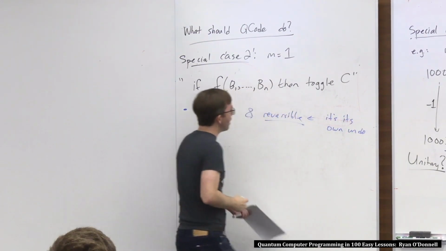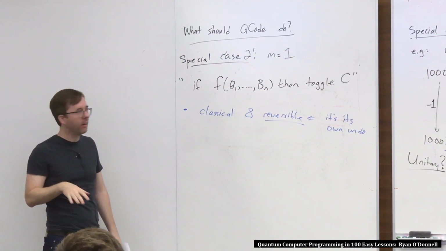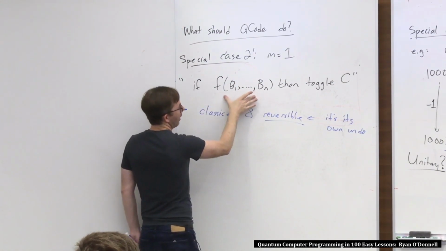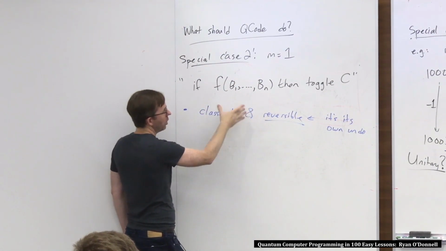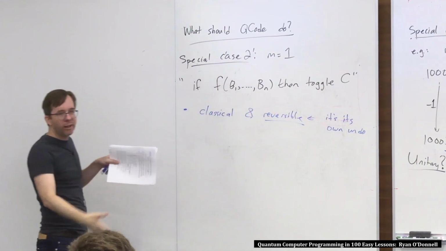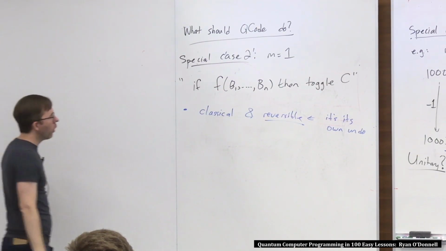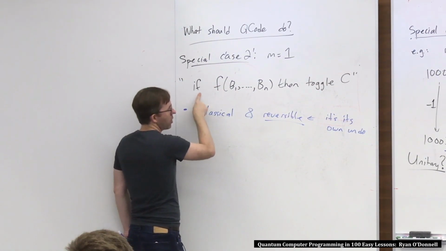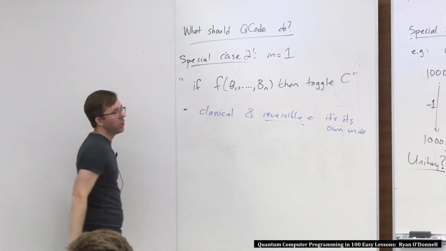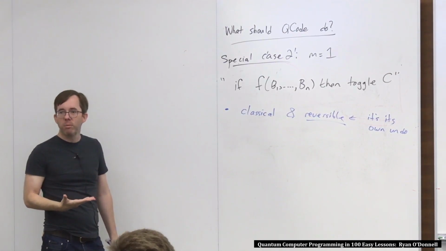We've seen this basically before. If you do this instruction twice in a row, it changes nothing. It doesn't matter whether f on the input qubits is true or false: you maybe toggle c, but if you do it twice in a row, you either toggle it 0 times or 2 times, so nothing happens. Therefore, this is a classical reversible operation, and therefore it's unitary, so it can in principle be done.